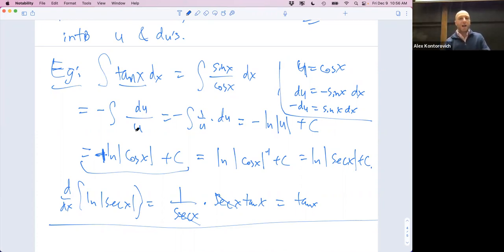So how did I get a du over u, and where did the sign go? The sine x dx is du, or negative du. So I got negative du, and then there's a cosine in the bottom, and cosine is u. This is really what I mean, but a shorthand for this is to write it like this.